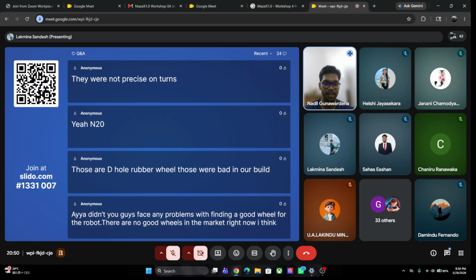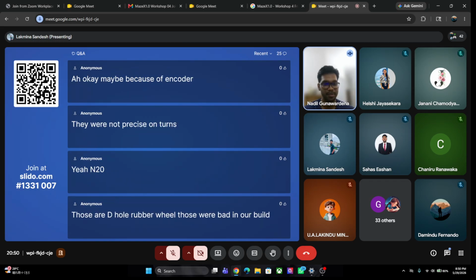I think you need to look at the gyroscope that you are using, or the encoder readings, and how you fuse them. The sensor part is what I think you need to focus on, not the wheels. But yes, maybe because of the encoder. Definitely, you cannot get the exact diameter of a wheel, so there are always errors.